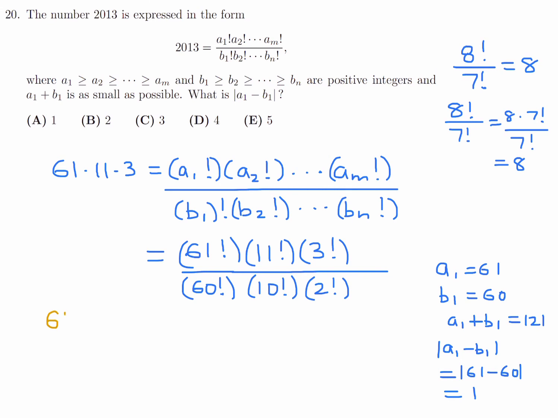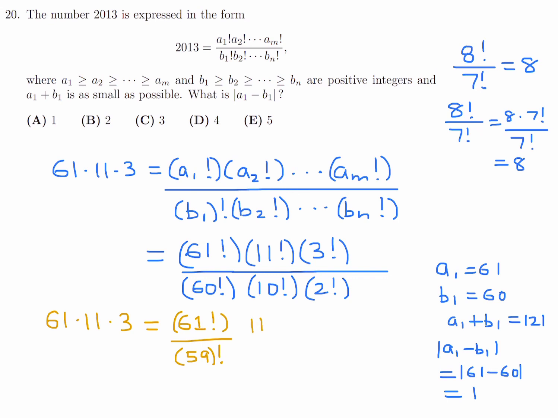Well, here's the way you will be able to get a smaller value for A1 plus B1. 61 times 11 times 3. You can write it as the following. 61 factorial over 59 factorial. And I say, well, okay, is this going to work?